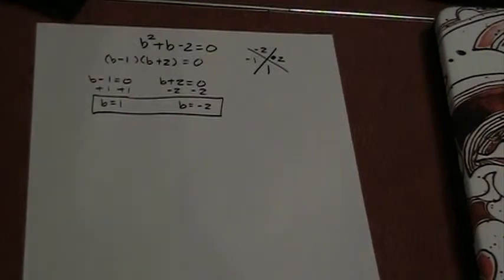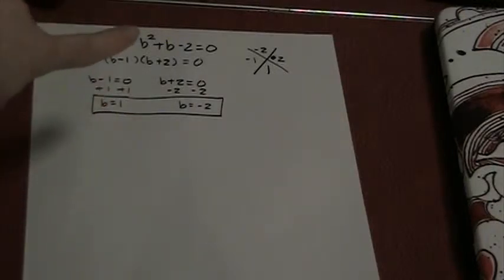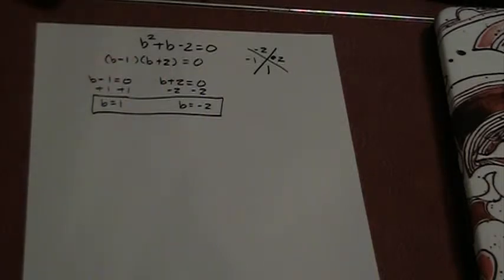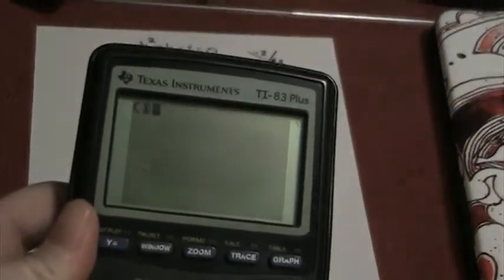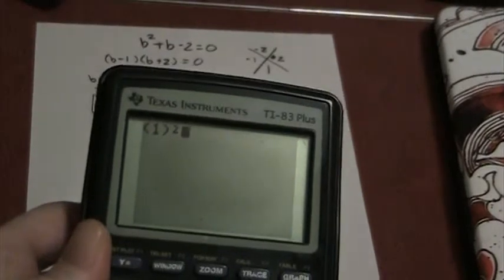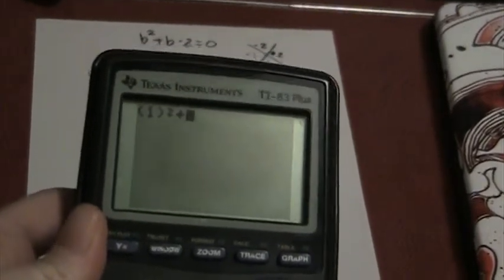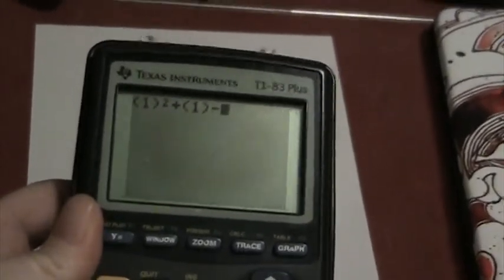And if I needed to check my answer, and you always should check your answer, I can use my calculator to do that. I just take one of the solutions and I plug it in for the variable, and I use parentheses anytime I plug in a number. So if I'm checking to see if 1 is a solution, I would type in parentheses 1 squared and then plus 1 minus 2.